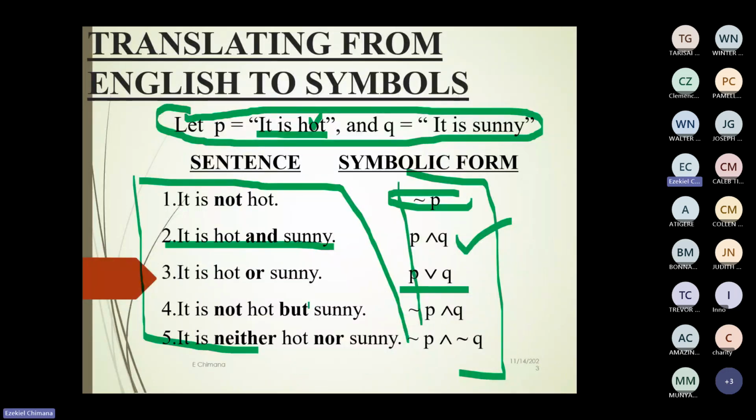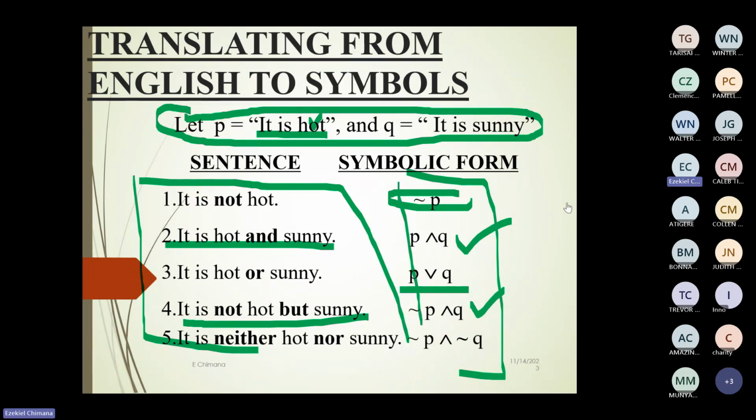In other words, it is not hot and it is sunny, if you read it well. So you are negating it is hot, which is P, and it is sunny, which is Q. That's why you have the negation of P and Q.